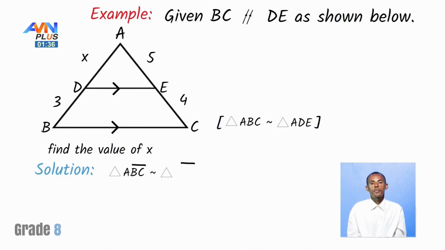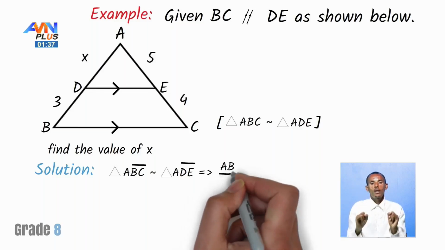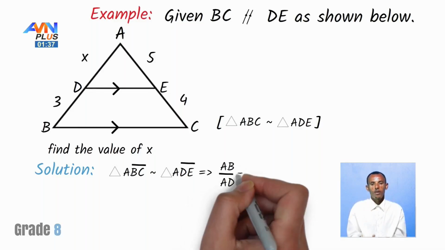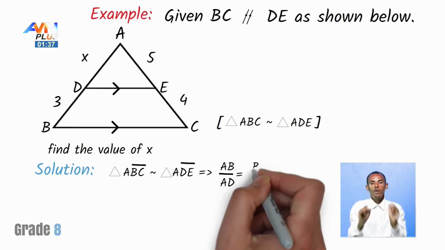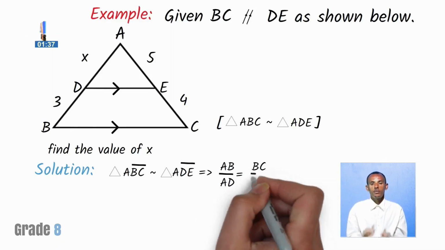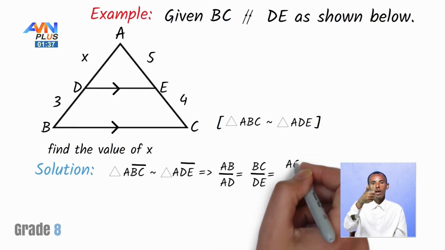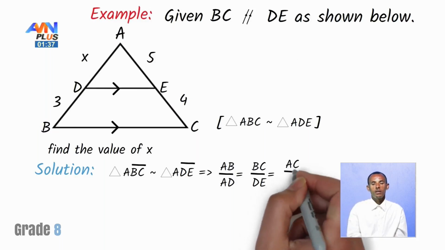So let's take it everything properly. AB over AD is the same as BC over DE. This is the same as AC over AE.